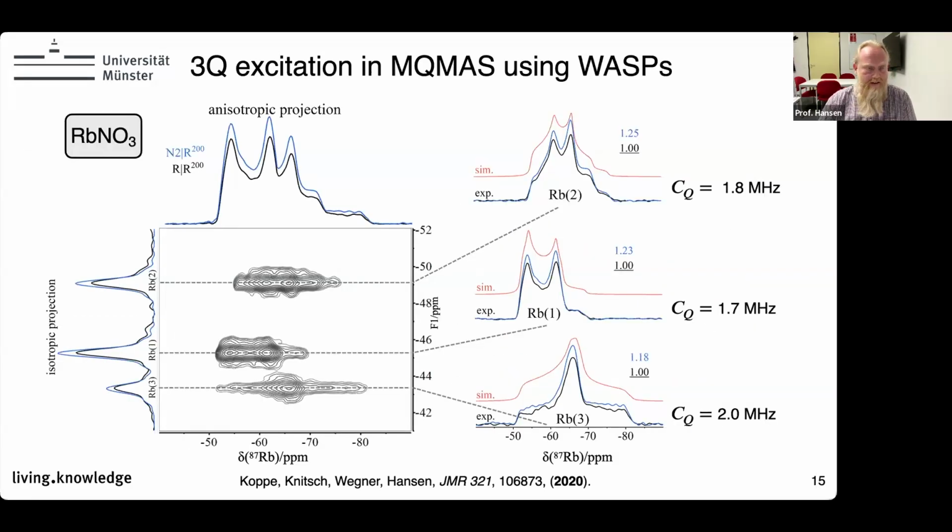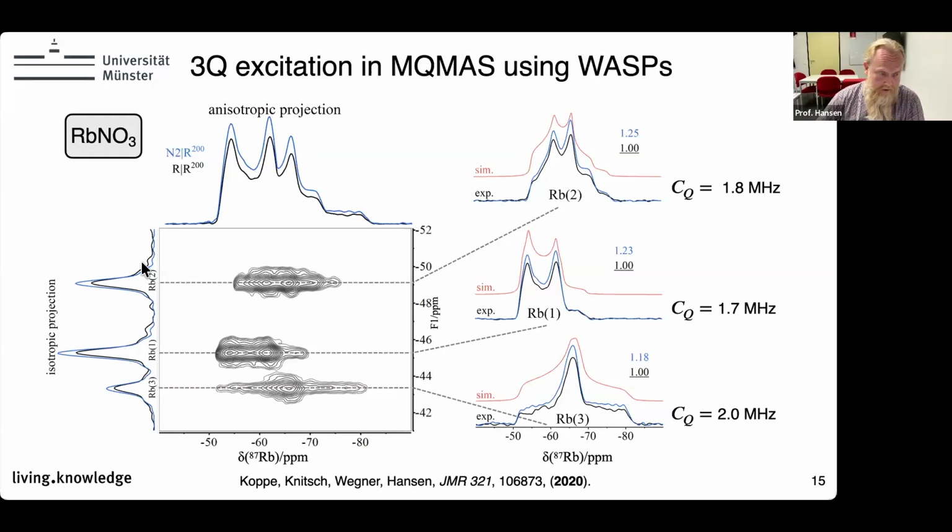We've taken the usual suspect here, rubidium nitrate, and we did the split-filtered version and compared the rectangular pulse for triple quantum excitation and for reconversion at 200 kilohertz, and also now just replacing the first pulse with a shaped pulse with n equals 2 for this WASP pulse.